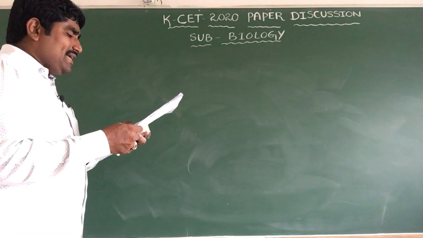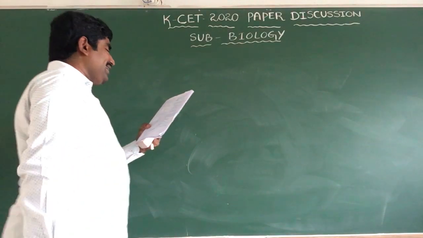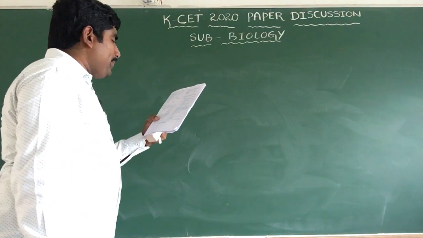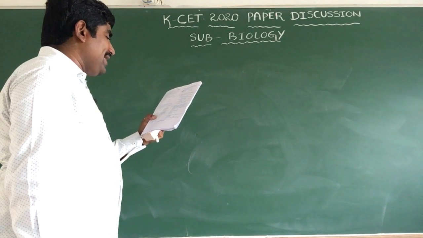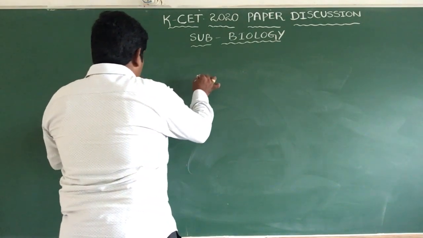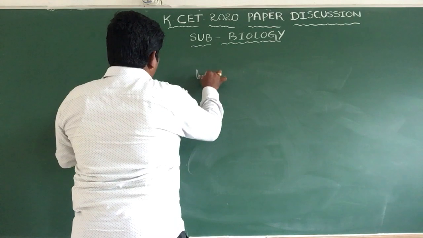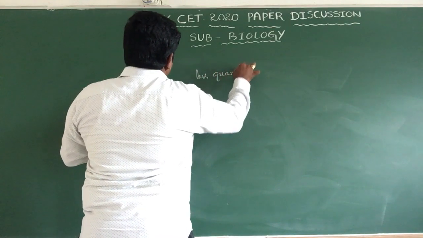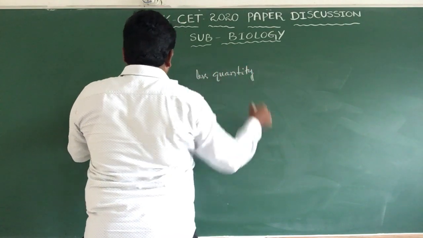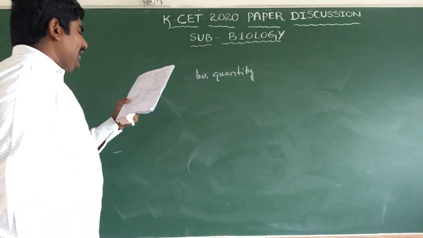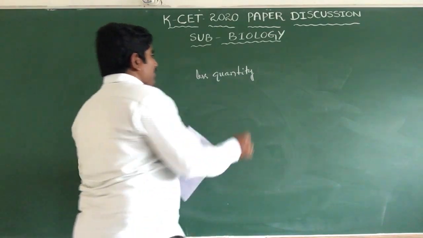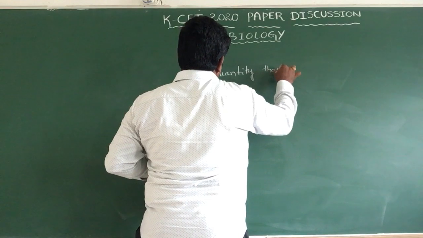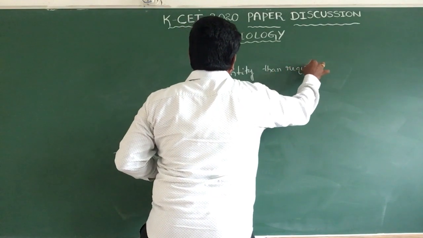Next one is: suppose DNA samples are collected for DNA fingerprinting analysis, and the samples are less in quantity than the requirement. So what do we have to do?